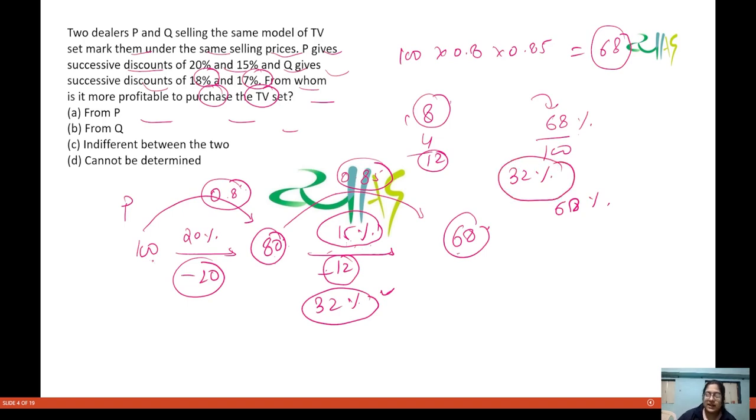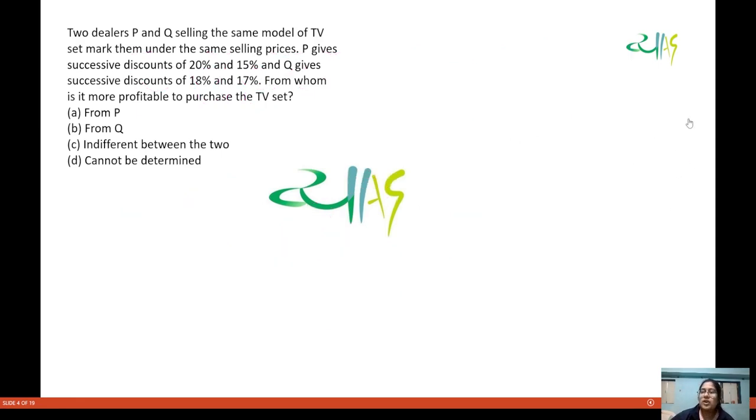Or to calculate this 32% discount, you will just add minus 20 and minus 12, so you will get 32%, or you will multiply and again get 68. So there are three ways of getting at this. So for P, we are getting a 32% discount and a 68% price. So 68% of the marked price we are getting. Fine. Now let us look at Q. For Q, we are starting with 100.